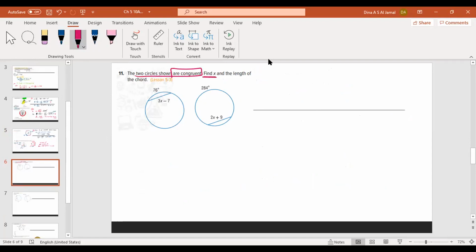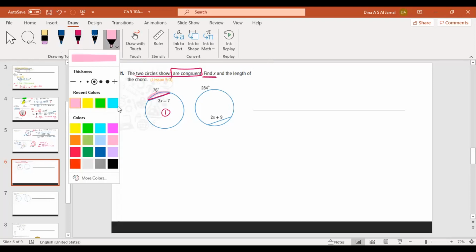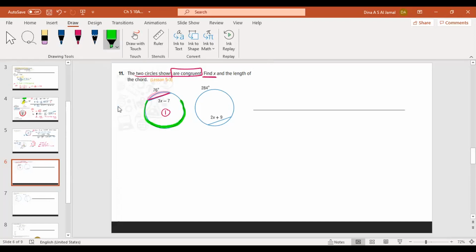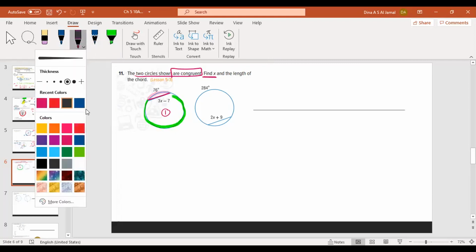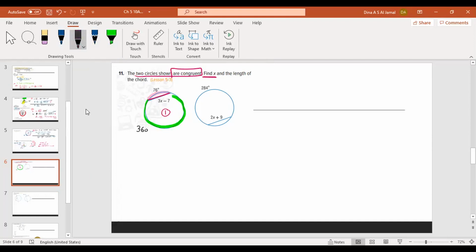Now, in circle 1, he gave you the chord and he gave you the minor arc as 76. So what if I ask you to find this arc? You need to subtract 360 minus 76 and you will get 284.